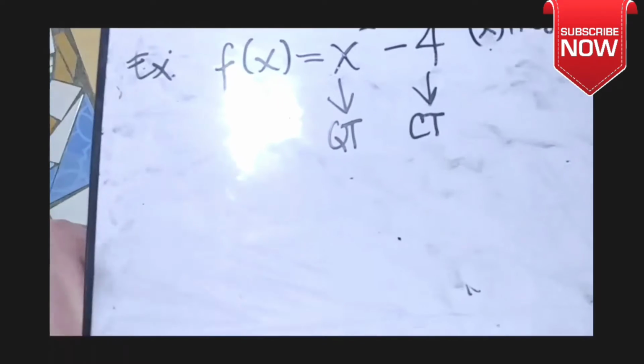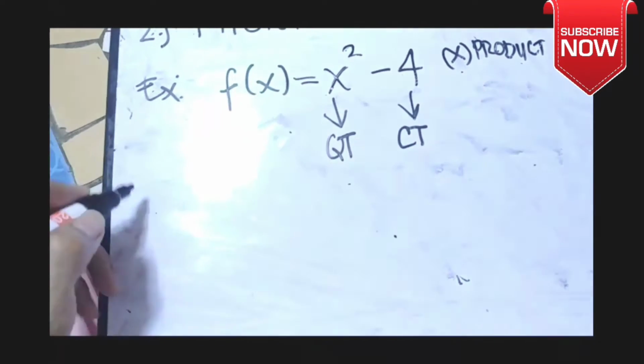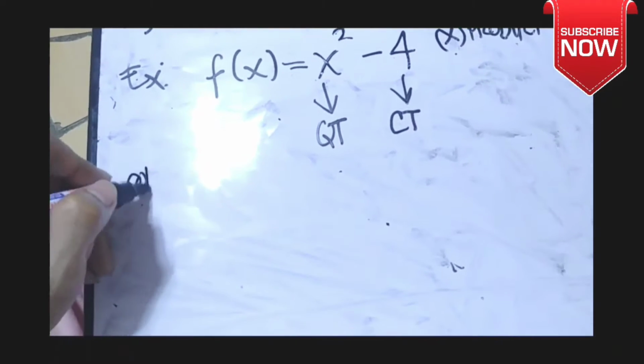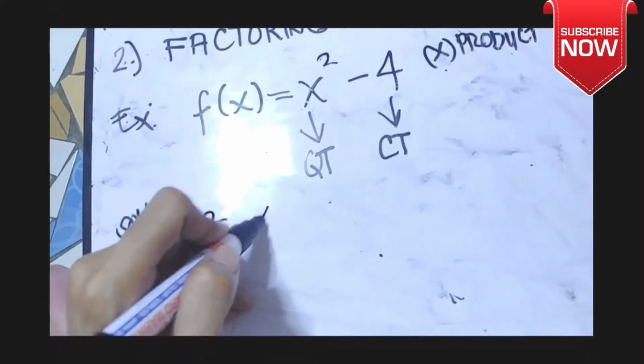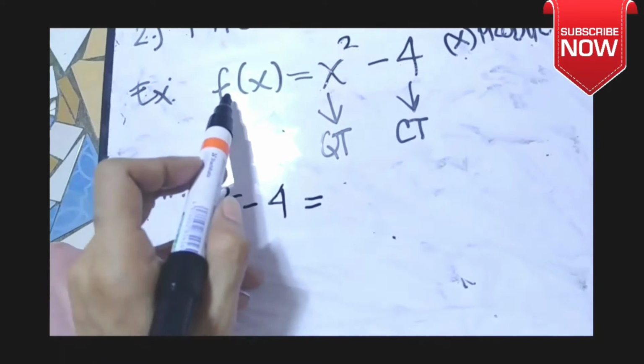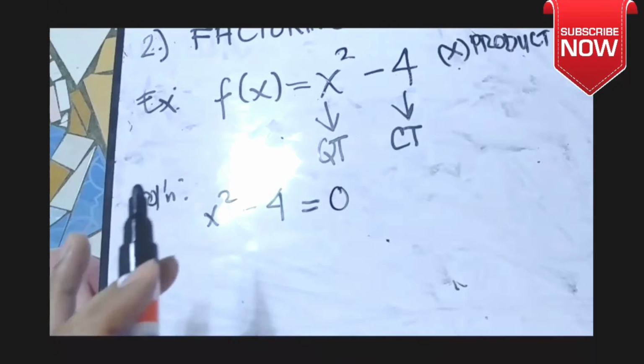Okay. So, isosolve na natin ngayon yung x squared minus 4 using factoring sa solution. So, x squared minus 4 is equal to f of x, but we will let f of x is equal to 0 so that we can solve the value of x. Alright.